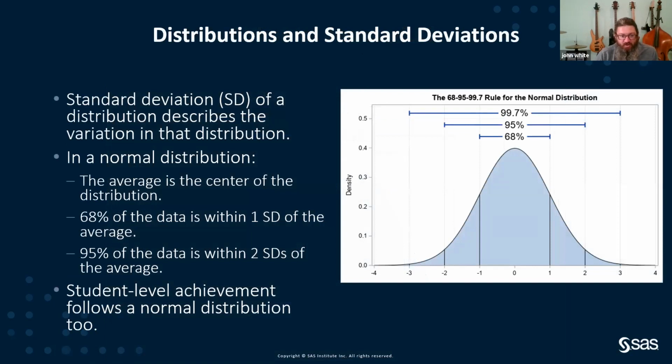Again, 68% of the data being within one standard deviation, 95% of the data being within two standard deviations. And it's important to note that student achievement data definitely follows a normal distribution too, meaning the majority of kids test towards the center of the distribution. Fewer students test to the far left, fewer students to the far right. So generally, student achievement is normally distributed as well.